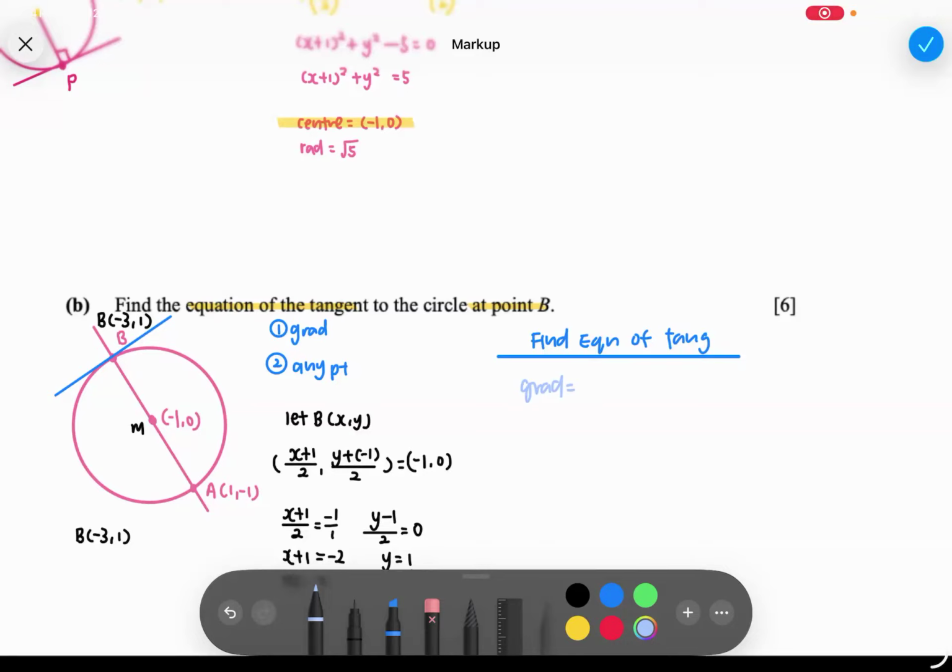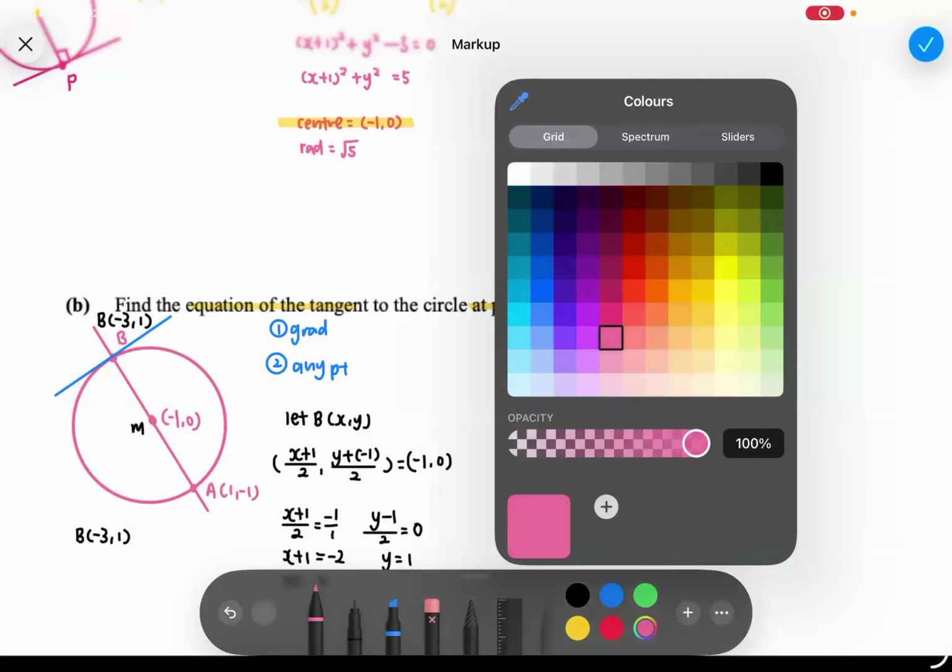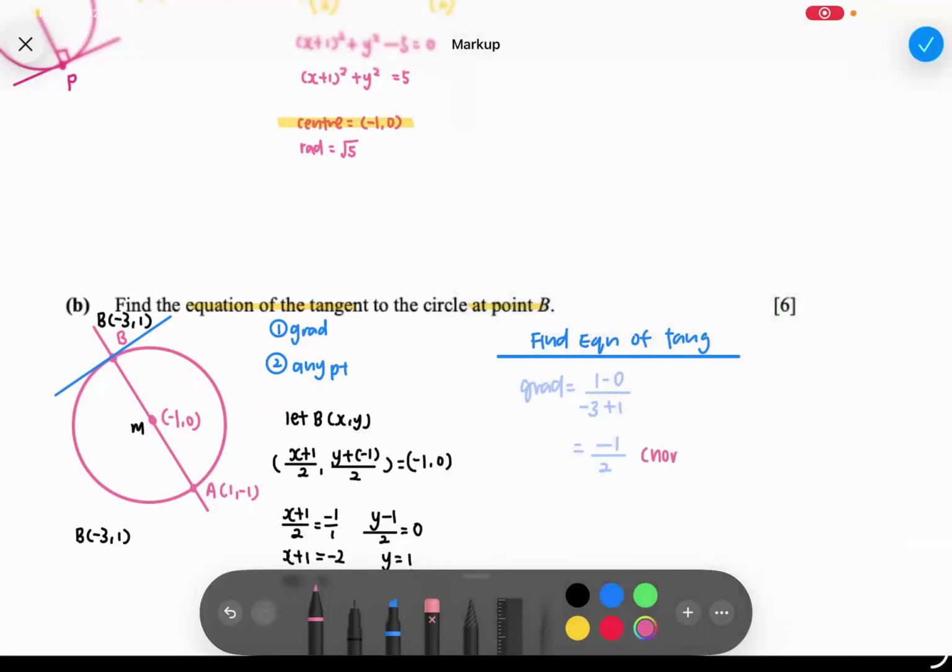I'm going to use BM: 1 minus 0 over minus 3 minus negative 1, which becomes negative half. This negative half is the gradient of my pink line, which is the gradient of the normal.